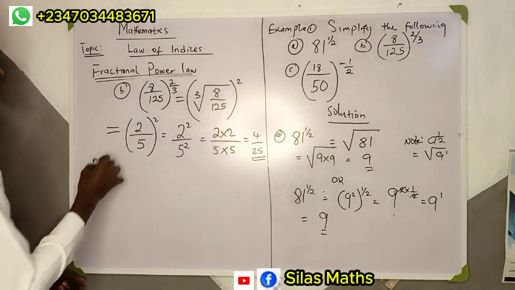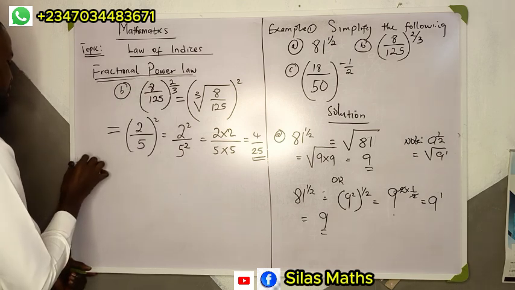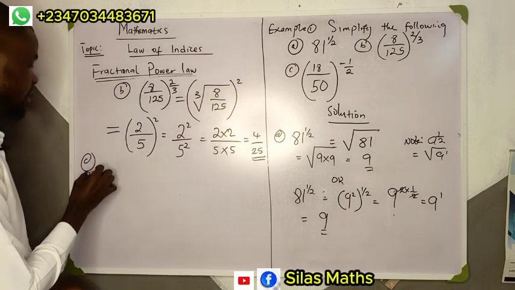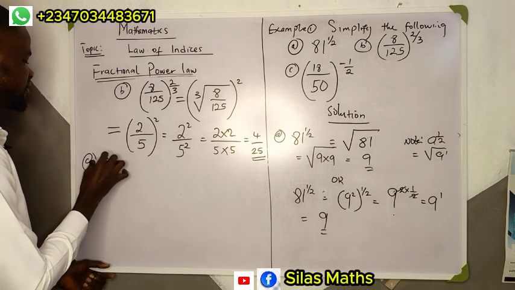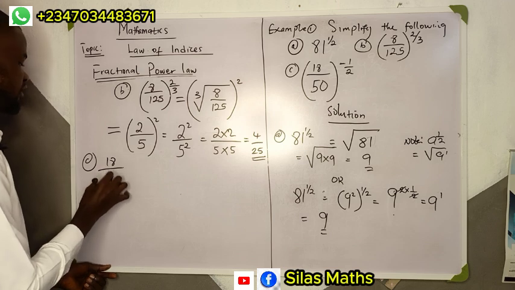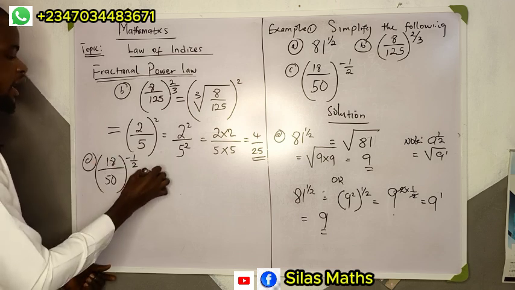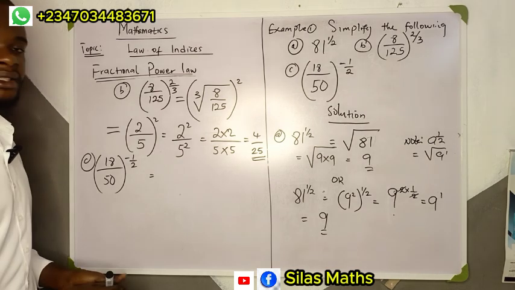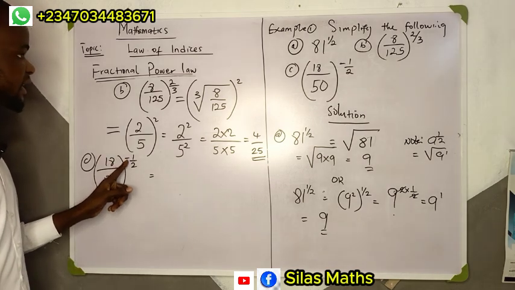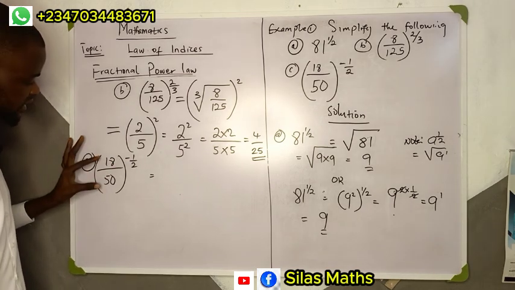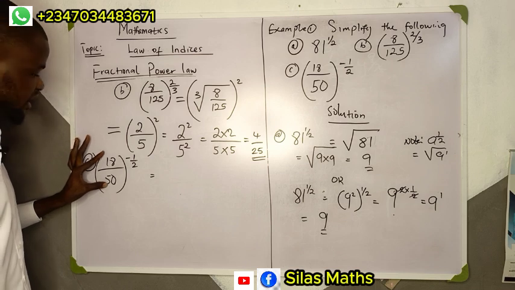So applying that, let's go over to number 3, that's C. For C, I have 18 over 50 all to the power of negative 1 over 2. And remember when we talk about the negative power law, to remove this negative, we take the reciprocal of the number.